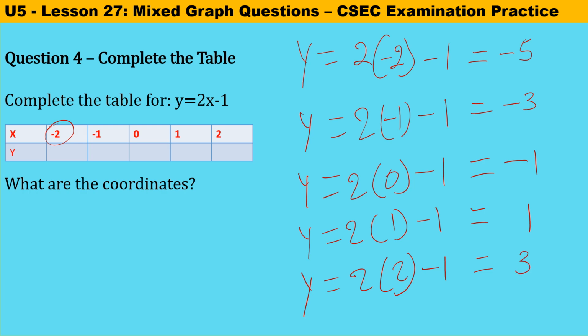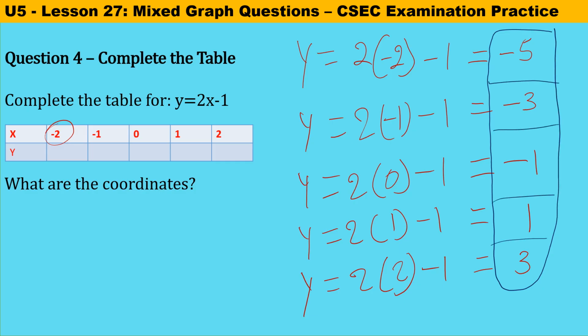And here you have your values for y. All of these are your values for y. So you simply write them in your table of values. So you'll have negative 5, negative 3, negative 1, positive 1, and 3.